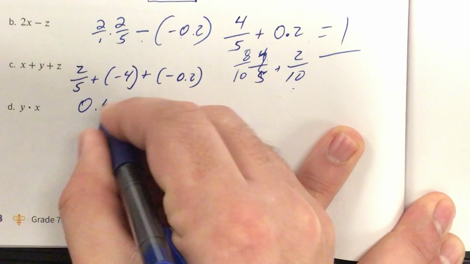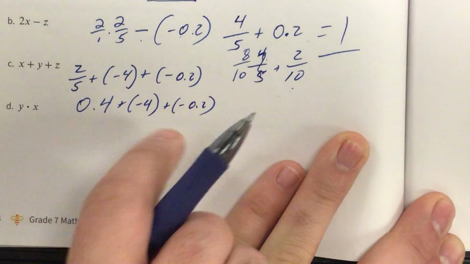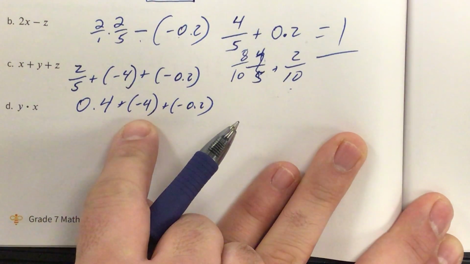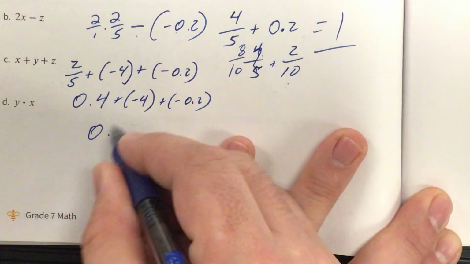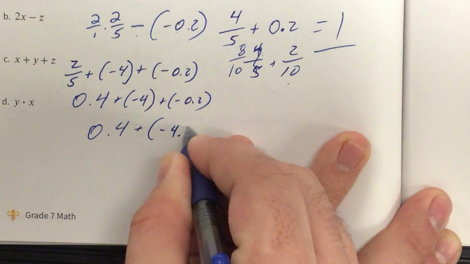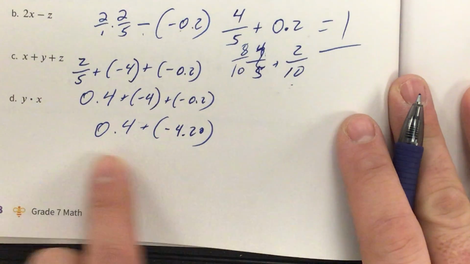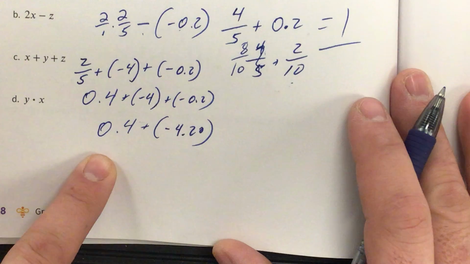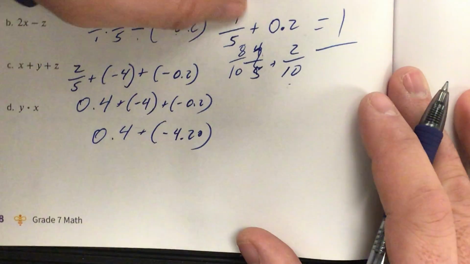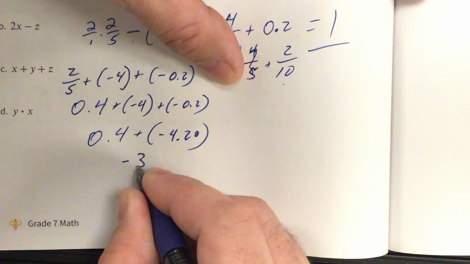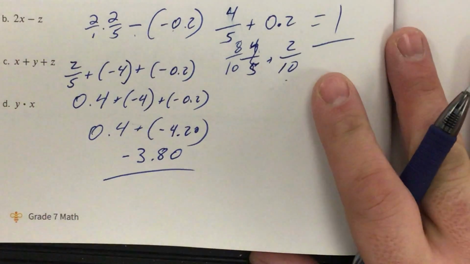It's 4/10. 0.4 plus negative 4 plus negative 0.2. Let's combine the negatives. $4 in a hole and you spend another 20 cents. You're now how much in the hole? $4.20 in the hole. So you're $4.20 in the hole, but you made 40 cents. Big wow, big deposit there. Yeah, and it's negative 3.8. Subtract the 2, take the sign of the bigger number.